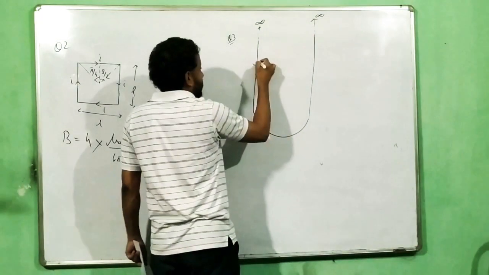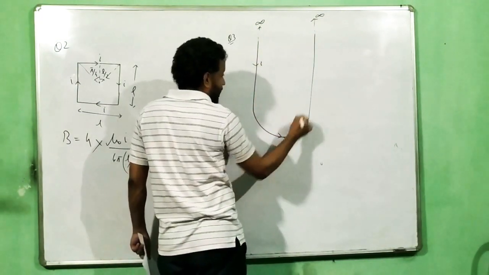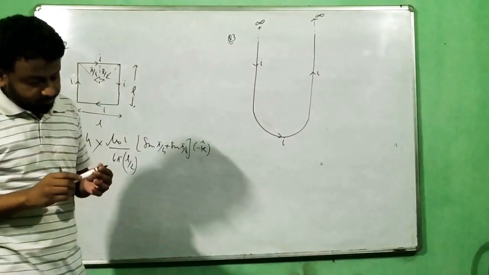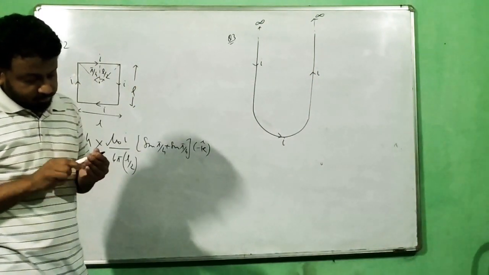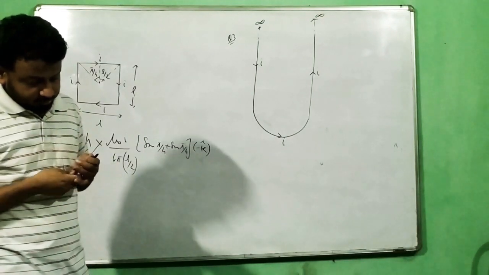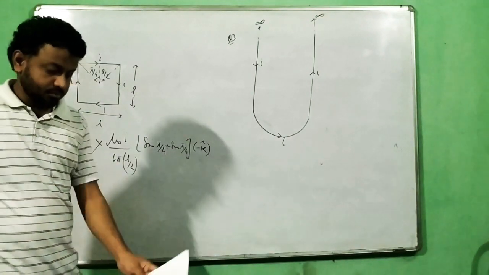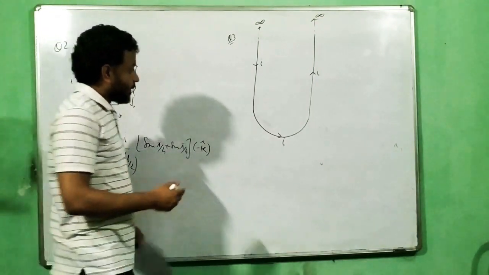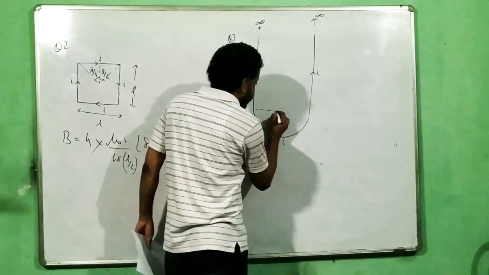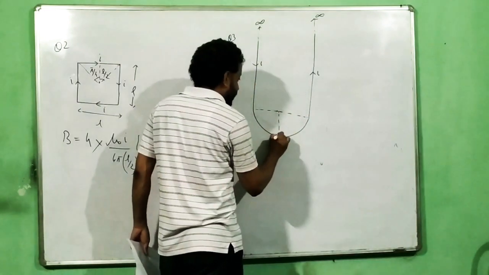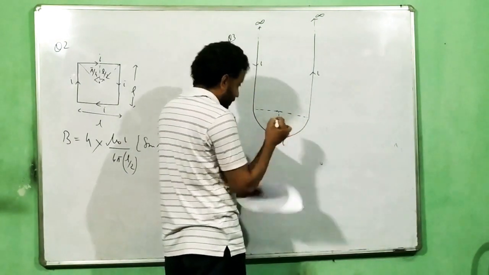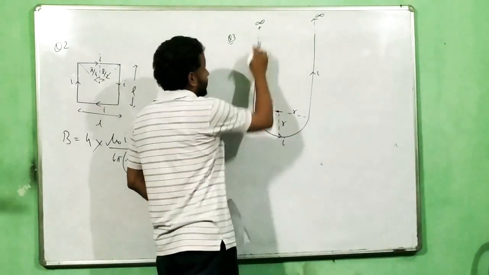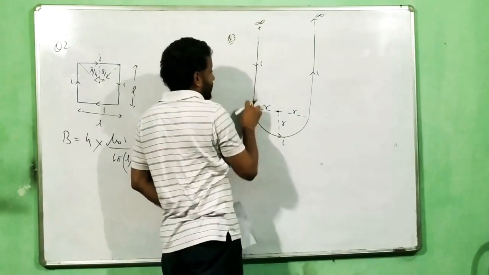This is current I, this is current I, and this is current I. I have to find the field at this particular point, such that the radius is given to you as R. Now at this particular point, this one goes to infinity and the other is at this end.